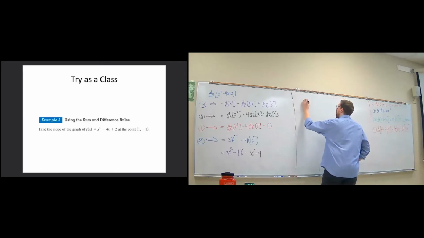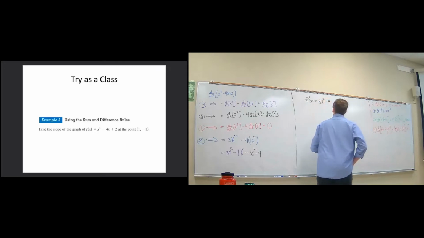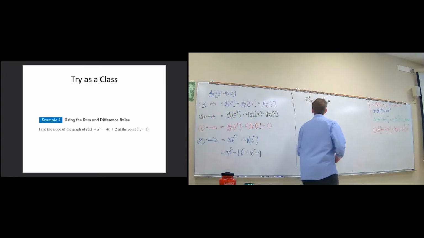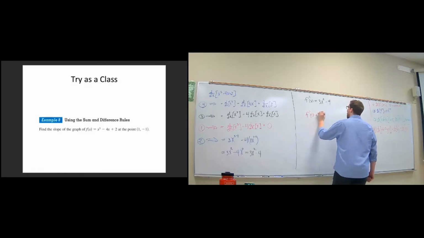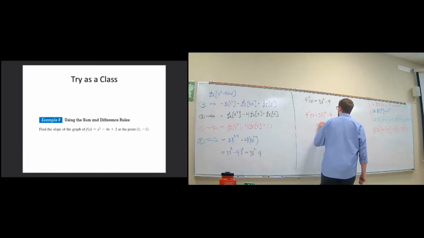So now, since f prime of x, our derivative, is equal to 3x squared minus 4, f prime at 1 is going to be equal to 3 times 1 squared minus 4, which is going to be equal to -1.